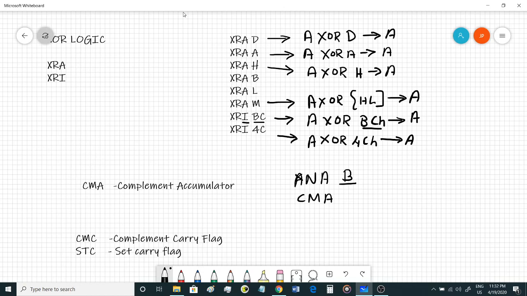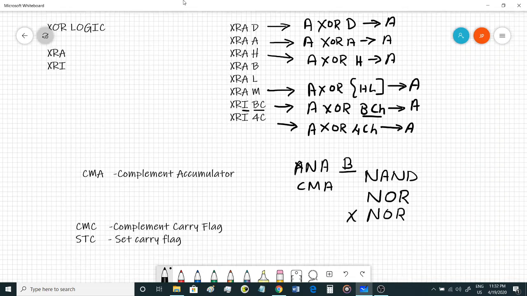So you can do AND operation A with B and then give a complement operation on A on the result, which makes it a NAND gate. Similarly, if you want to do a NOR operation, you can do an OR operation and then give a complement accumulator. Similarly you can also give XNOR. You can do a XOR operation and then a complement operation, which will make your result XNOR.